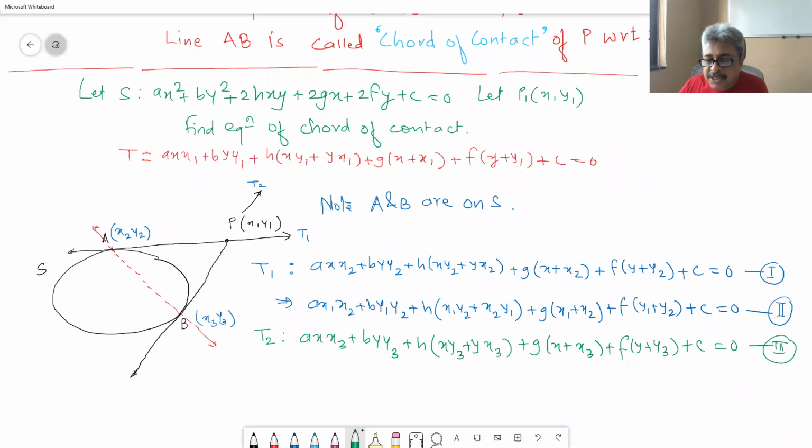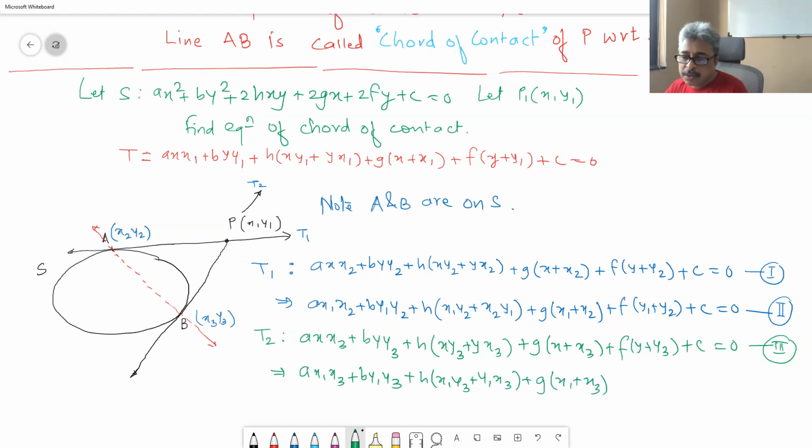Again, point P satisfies this line also. Therefore, a x1 x3 plus b y1 y3 plus h into (x1 y3 plus y1 x3) plus g into (x1 plus x3) plus f into (y1 plus y3) plus c is equal to 0, this is 4, right? So that is the data that we have to solve this problem.